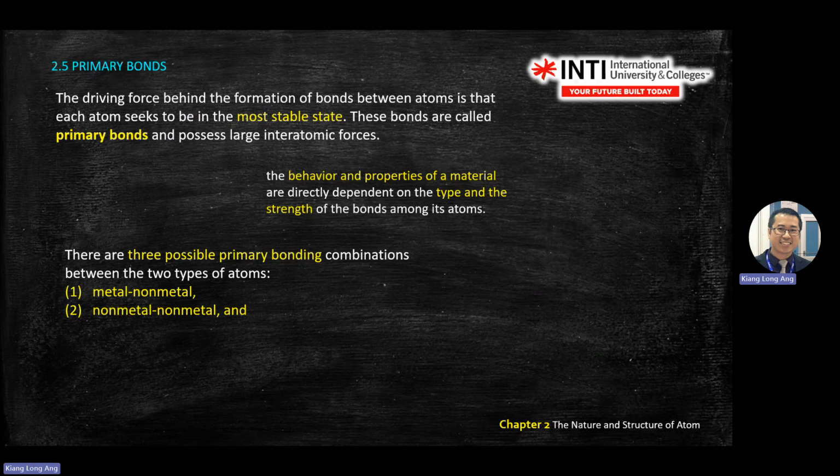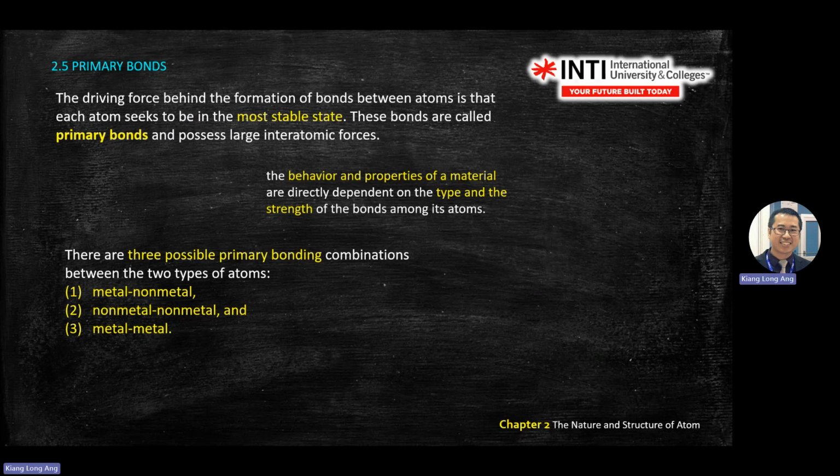Later I'll show you, and there are three possible primary bondings: metal plus non-metal, non-metal with non-metal, and then metals. Okay, so primary bonds will affect the mechanical properties of the material.